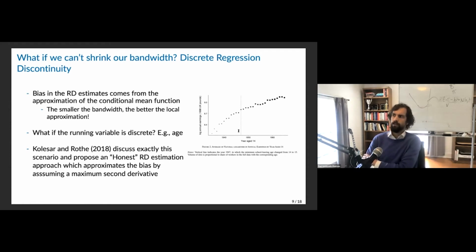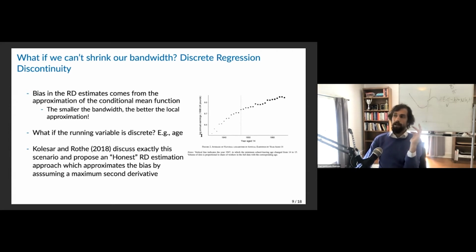There was a big law change in compulsory schooling, and if you turned 14 late enough, you would have been forced to take on more schooling. If it was earlier, you would have had less schooling. So this line here is where you're testing for this discontinuity.